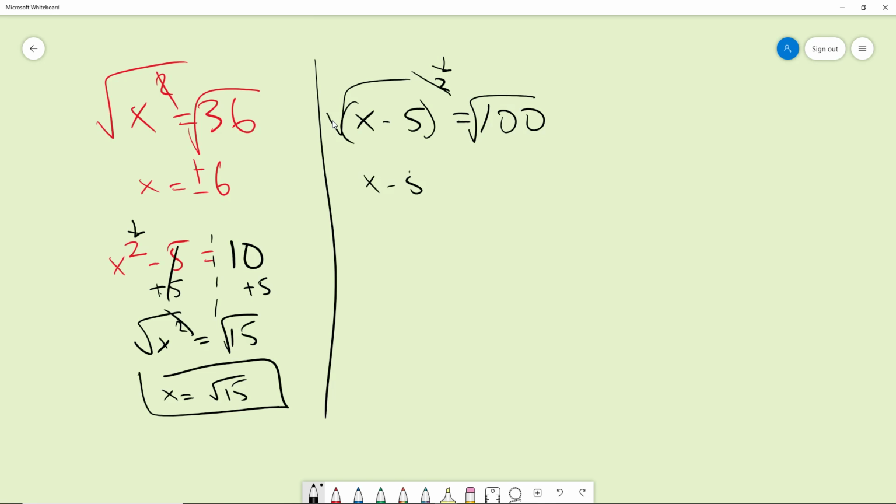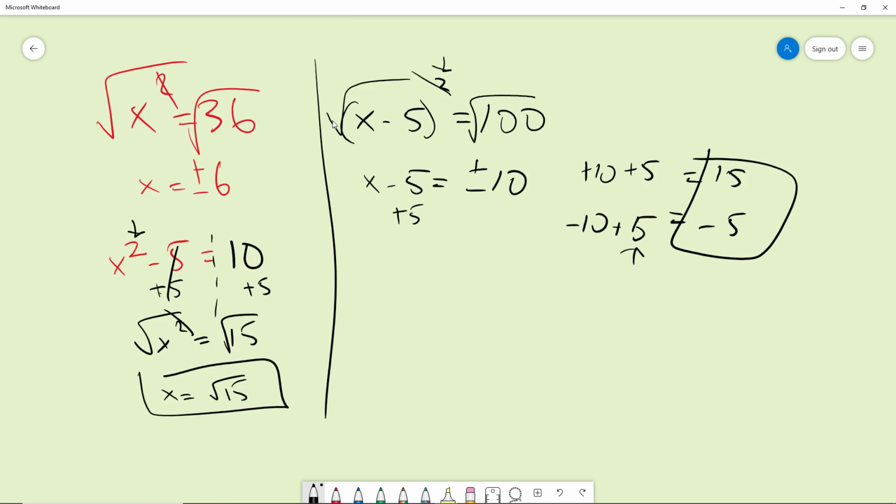And actually, if you got that flavor, you would know there's two answers here. So here what would actually happen is you would want to add 5 to a positive 10 and add 5 to a negative 10. And I would get two answers.